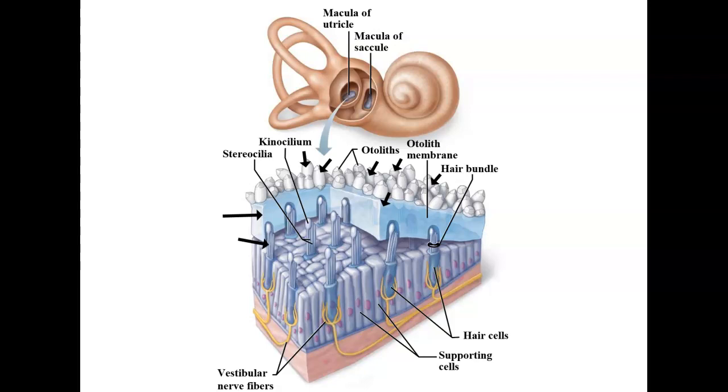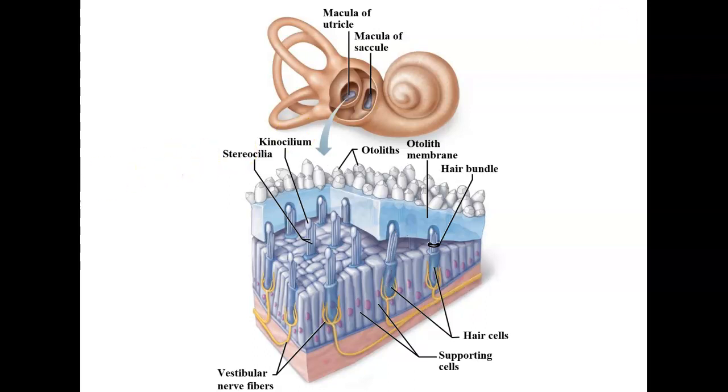And when they move, the little hair cells will bend in a particular direction, whatever way the gelatinous material moves. And that movement of those hair cells is going to stimulate them to send a message down these nerves so that we can send a message to the brain about the movement of the head.